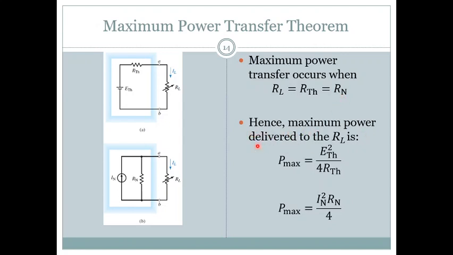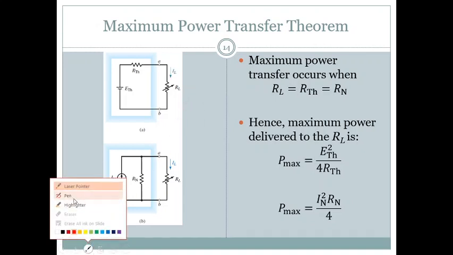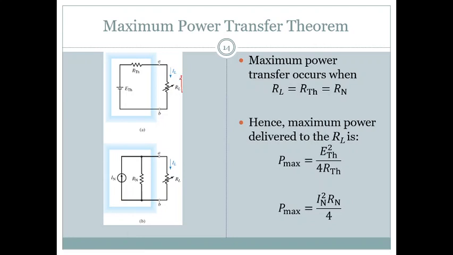Hence the maximum power delivered to the load would be V squared over R. Now V is the voltage here. At maximum power transfer, these two are exactly equal to each other, therefore V is ETH by 2.